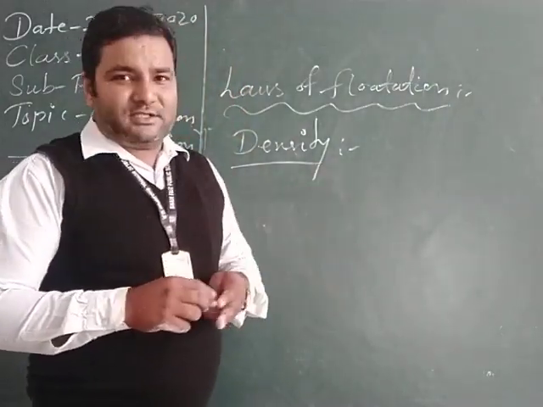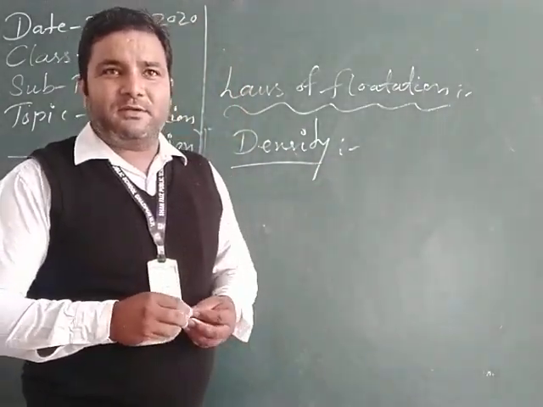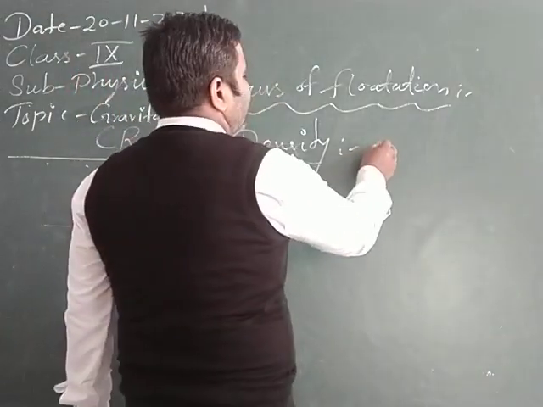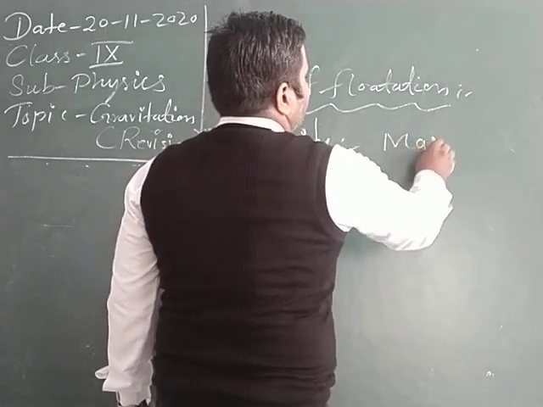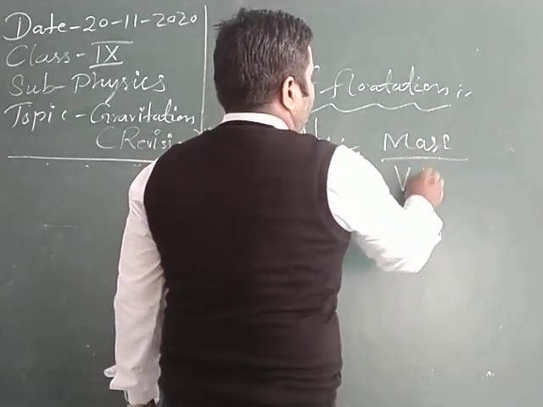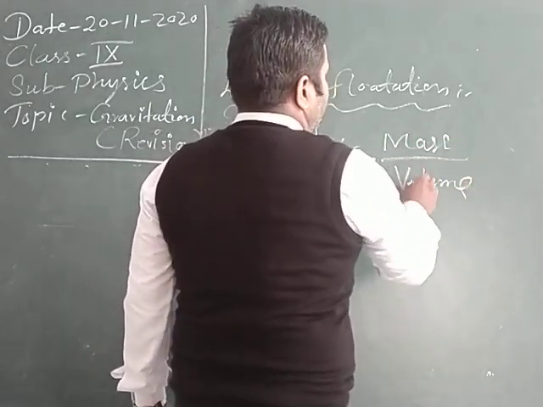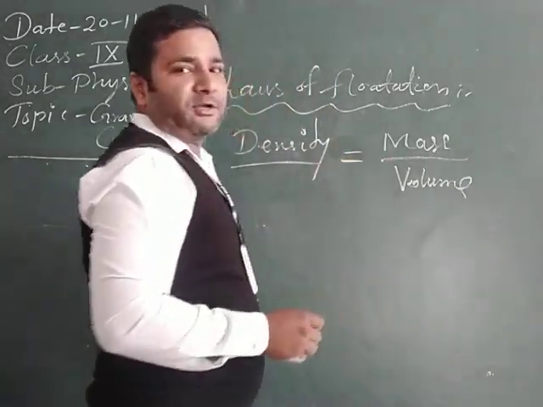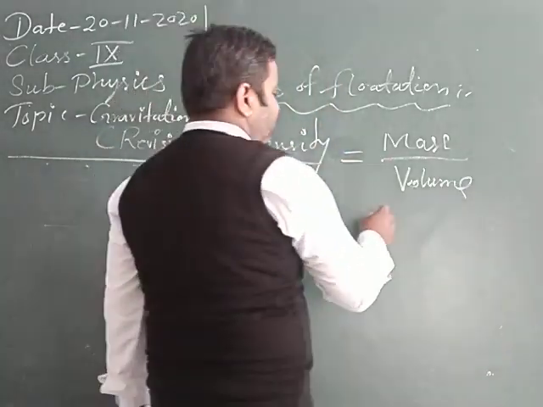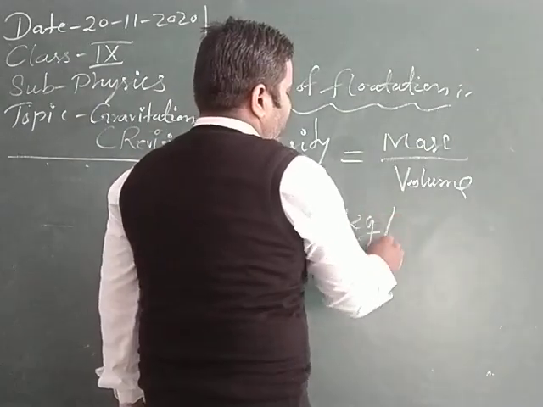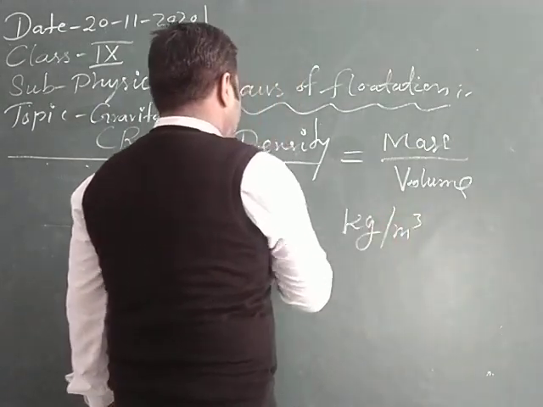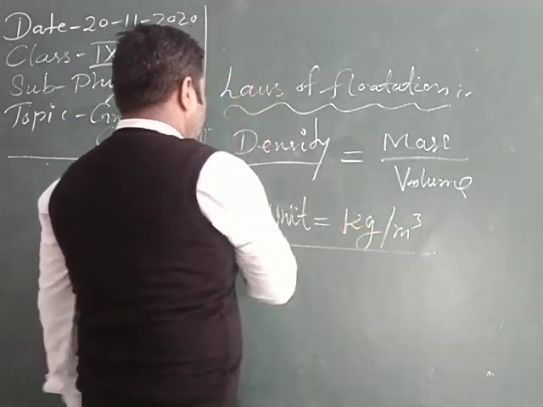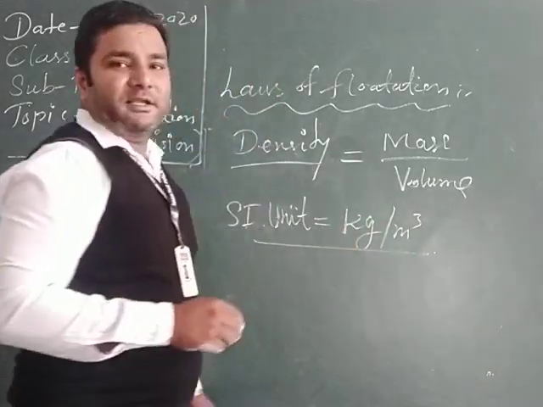Then after the flotation concept, the next one is density and relative density. Density is the mass per unit volume. Mass is measured in kilogram and volume in meter cube, so the unit is kilogram per meter cube, the SI unit, I mean the MKS unit.